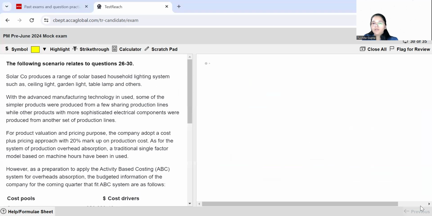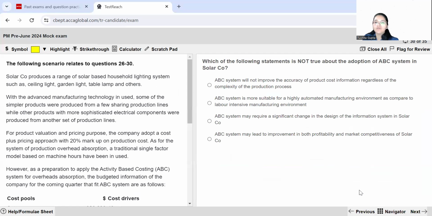All right. Now moving to the very last question: which of the following statements is not true about the adoption of the ABC system? So we have to select which is not true. The ABC system will not improve the accuracy of the product cost information regardless of the complexity of the production process.